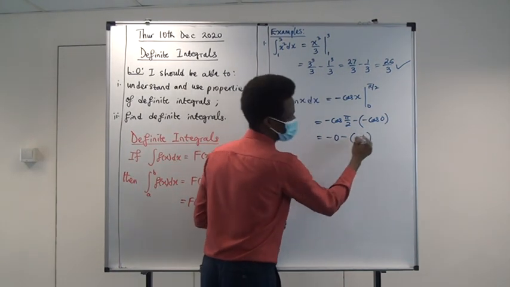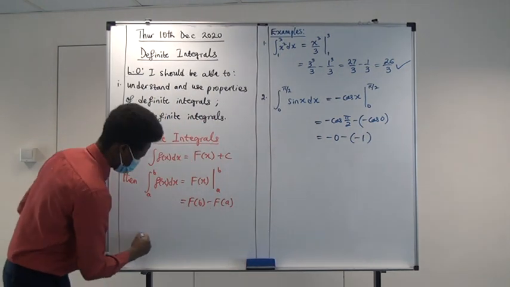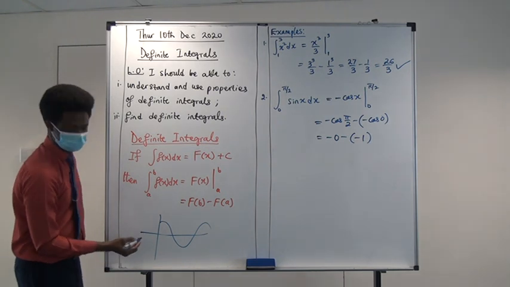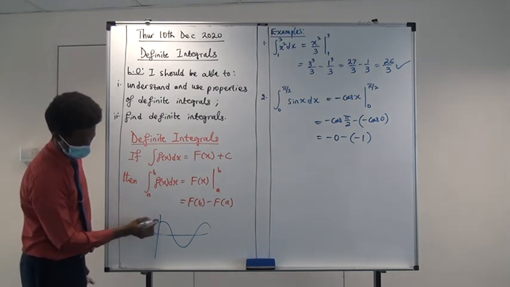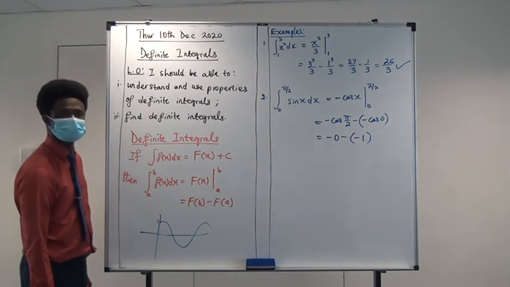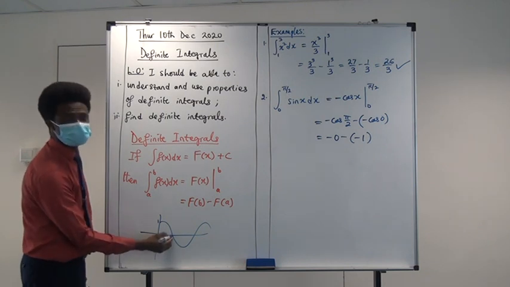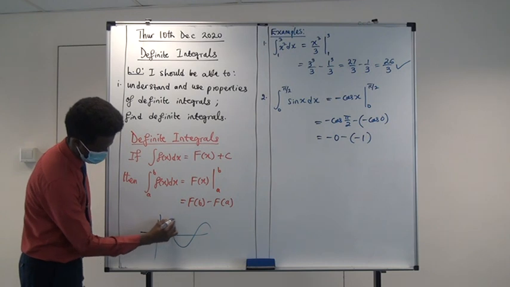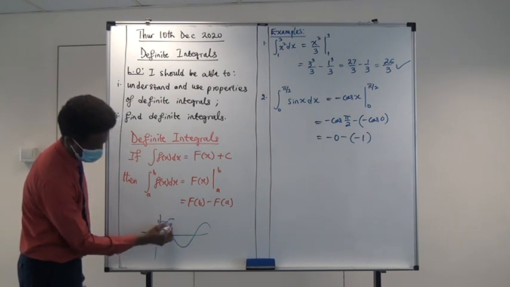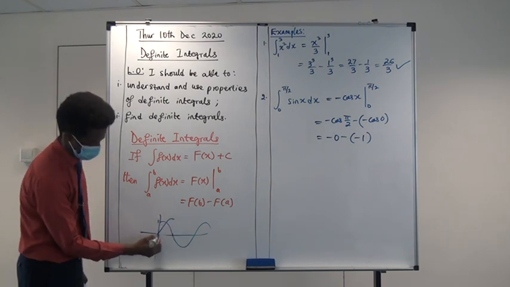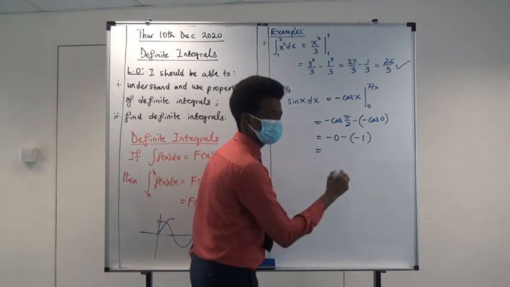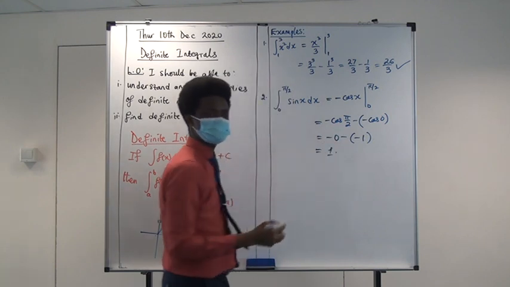This is the 1. Always remember your sine function and cos function. Can you see? Cos 0 is 1. But cos 90 is 0. Unlike sine, the 1 is at 90. Okay? And the 0 is at 0. So basically, anyway, calculator is allowed. You can use it. This is equal to 1.